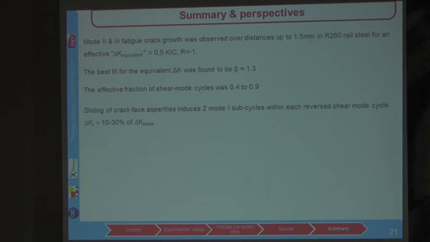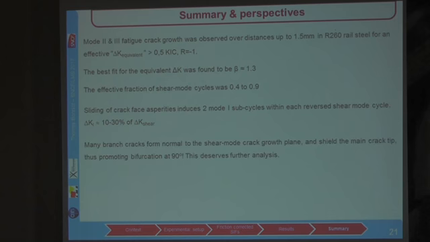So sliding of crack face asperities induces one subcycle within each reversed shear-mode cycle. And the amplitude of mode 1 is between 10 to 30% of the shear modes. And we found that many branch cracks form normal to the shear mode growth plane, and will shield the main tip, thus promoting bifurcations at 90 degrees, but this deserves further analysis.